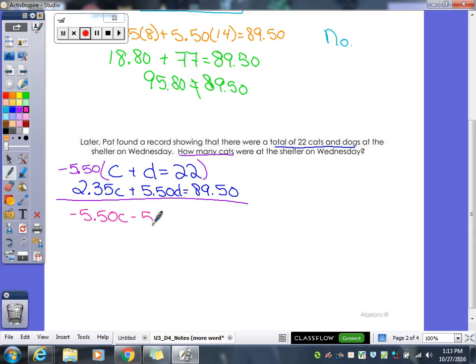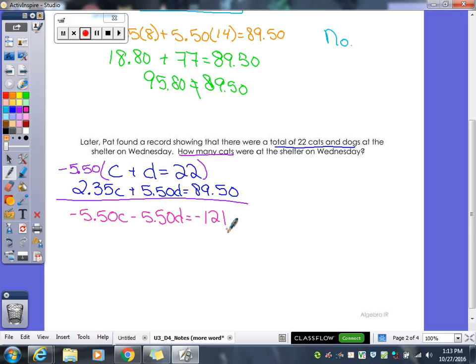So I get negative 550C minus 550D equals, I think that's a negative 121. Somebody check it for me. Negative 550 times 22. Negative 121.